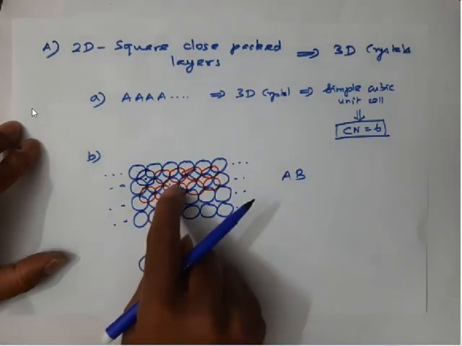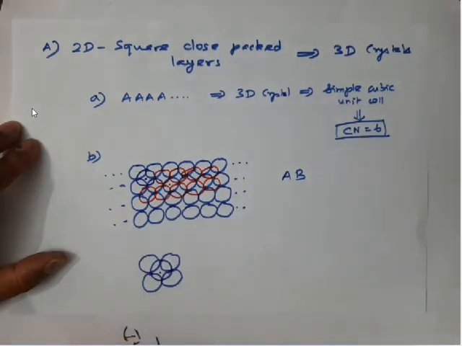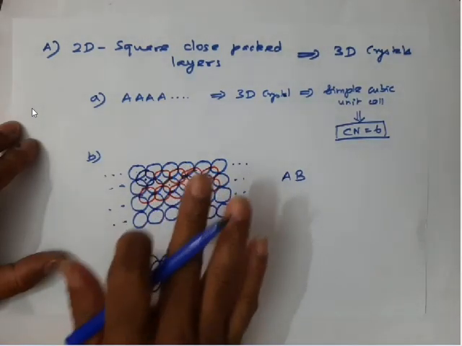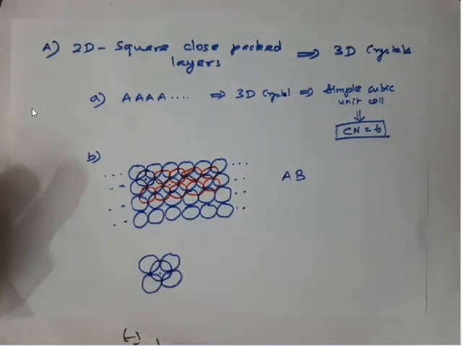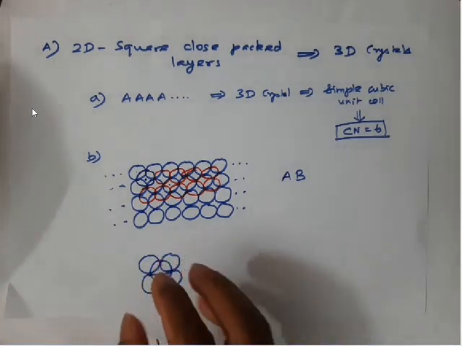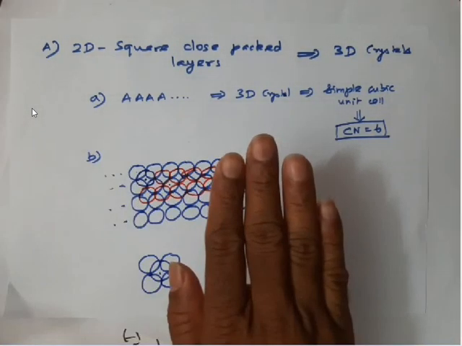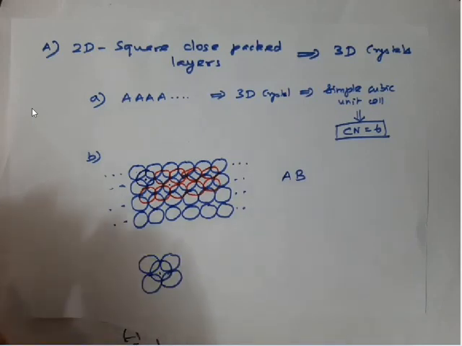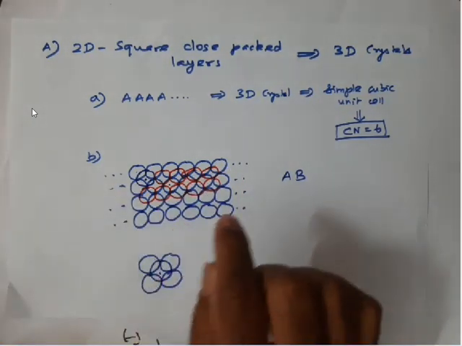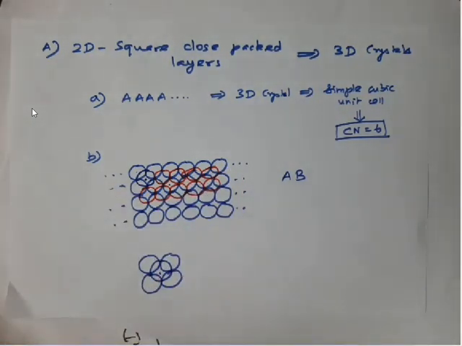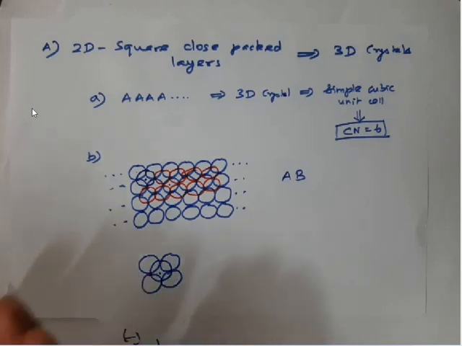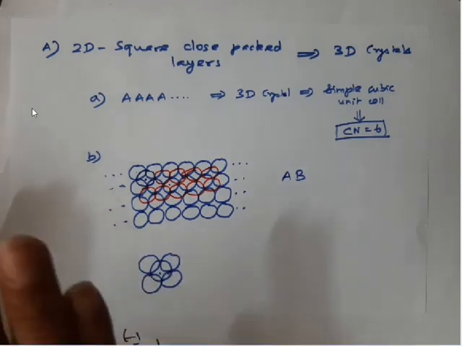In the depression there is a blue circle. It's somewhat difficult to see, but try to imagine it this way. I am keeping the first layer atoms, placing the second layer atoms on the depressions of the first layer, and then keeping the third layer atoms on the depressions of the second layer. If you do so, what will happen? The first layer atom and the third layer atom will coincide.